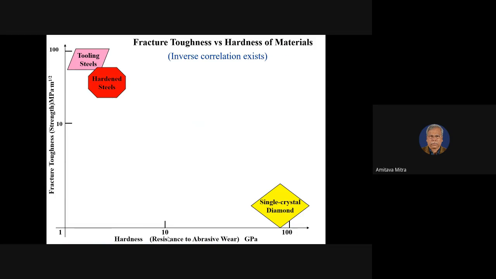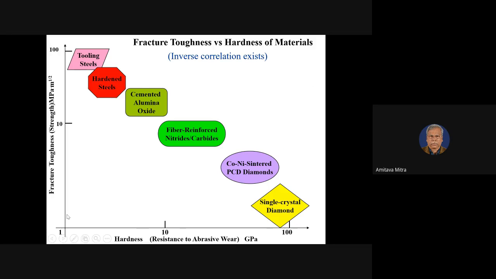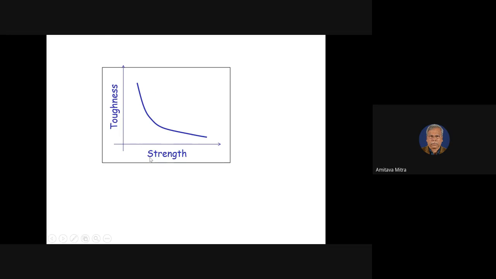And you see, for different materials, if the hardness is very high, then the toughness is small. So this is basically inversely proportional. So the motivation for the material scientist is to get something with moderate hardness and good fracture toughness. It is also found that if we plot the strength of the material versus toughness, the curve is like that. But if we go for a material with fine grains, this curve shifts towards the right-hand side. So with a finer grain structure, it goes towards the right. You can see that with the same material and the same strength, we can get high toughness.